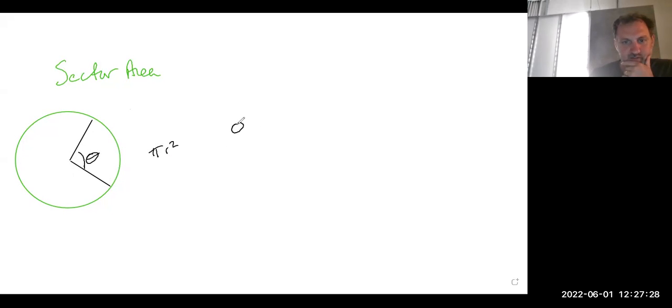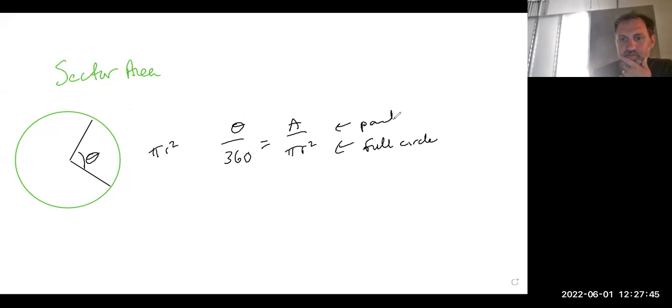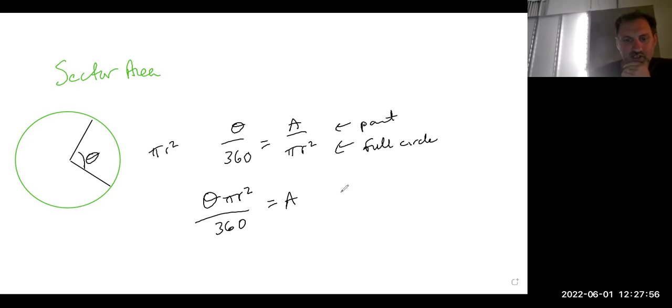So again, theta over 360 equals the area of the sector divided by pi r squared, right? This is for the full circle, and this is for the part. So solving for A, we've got theta pi r squared over 360 equals A. And again, if we parse out that theta pi over 180 piece, that's the degrees converted into radians.